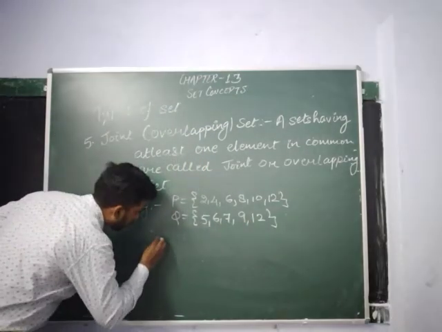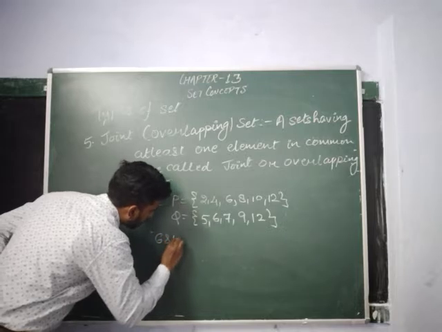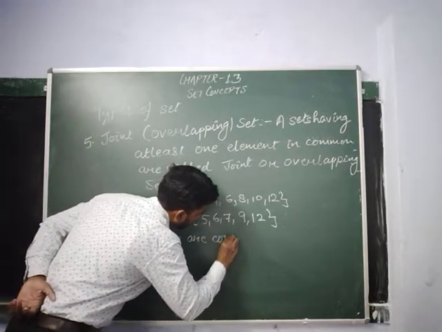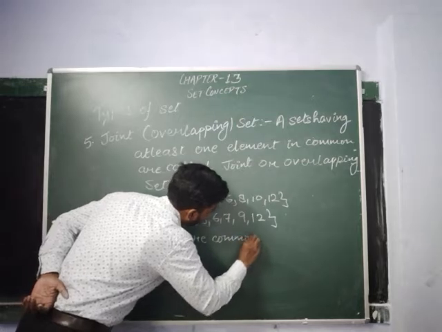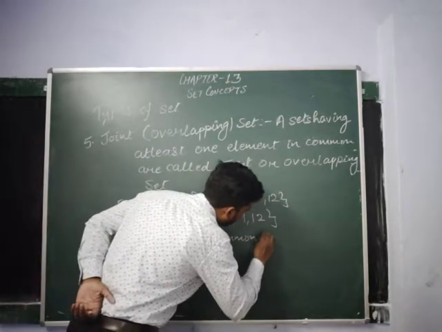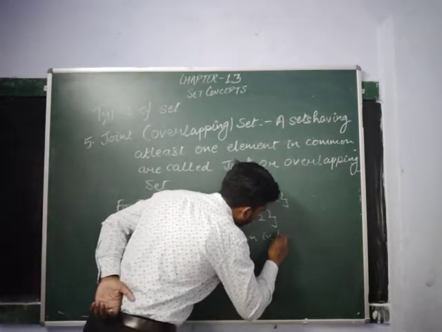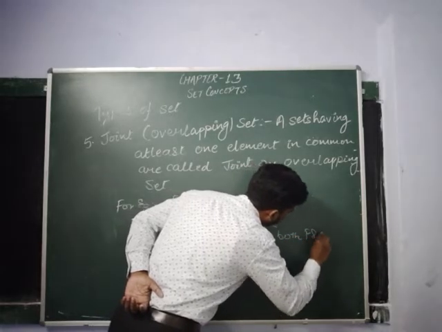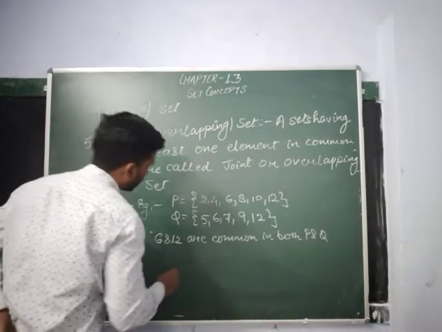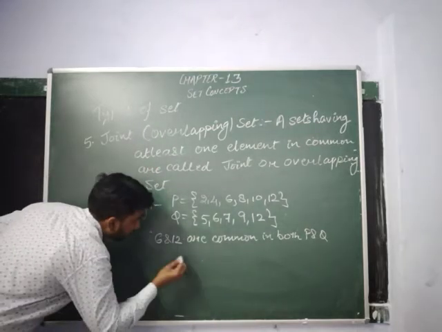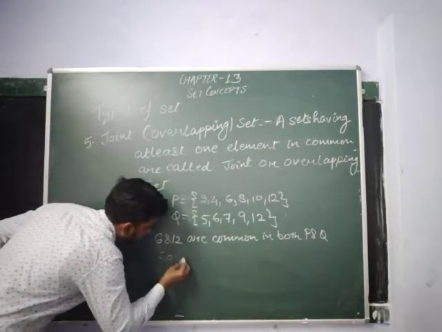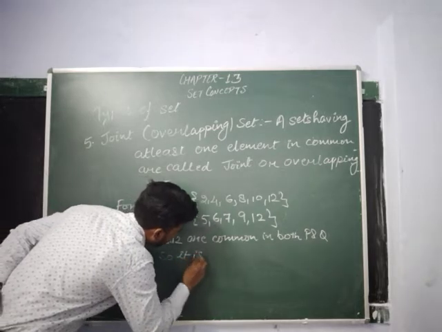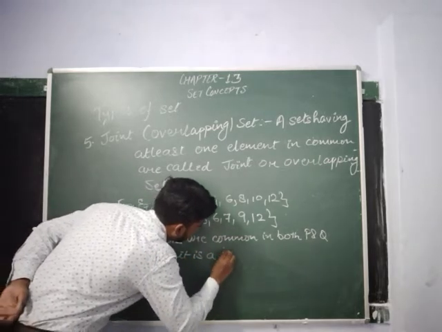So 6 and 12 are common in both P and Q. So it is a joint set.